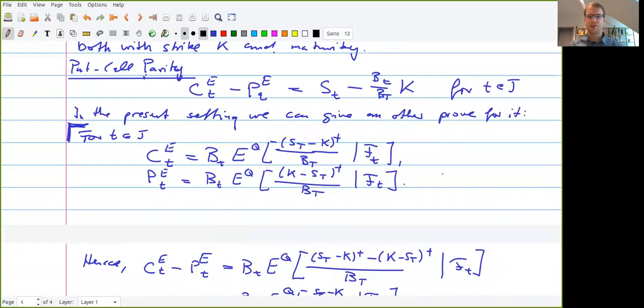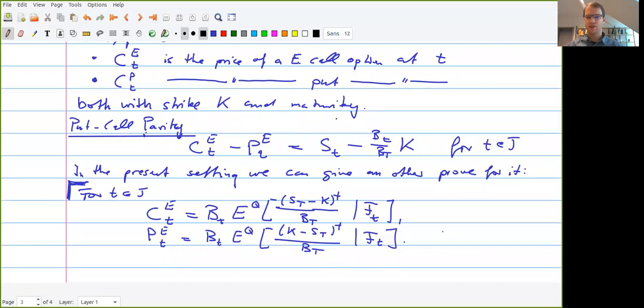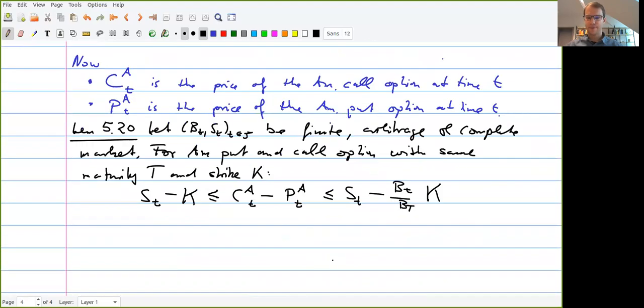So just scroll up again to the European one. There you had the equality, which now turns into an inequality, but you also have the lower bound given by S_t minus K. And this holds for all t and T.